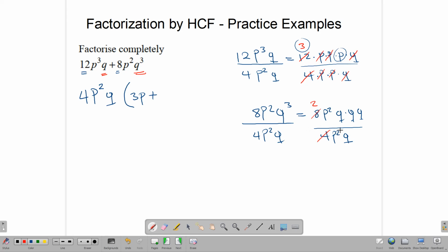This p squared divides out itself here. And here we divide out a q, and we are left with q times q, which is the same thing as q squared. So we have 2q squared, and we can write that down in our bracket. And this becomes our result when we factorize this expression using the highest common factor.